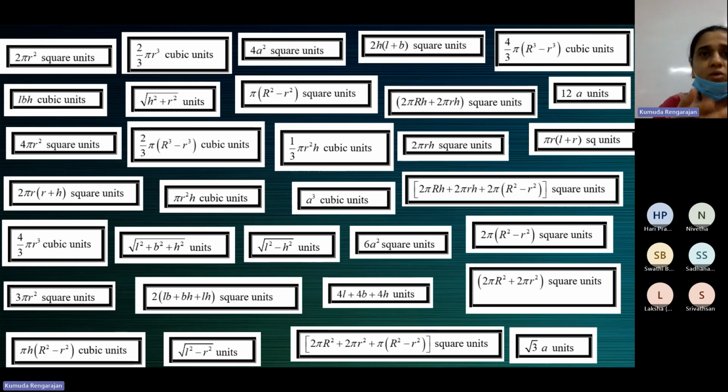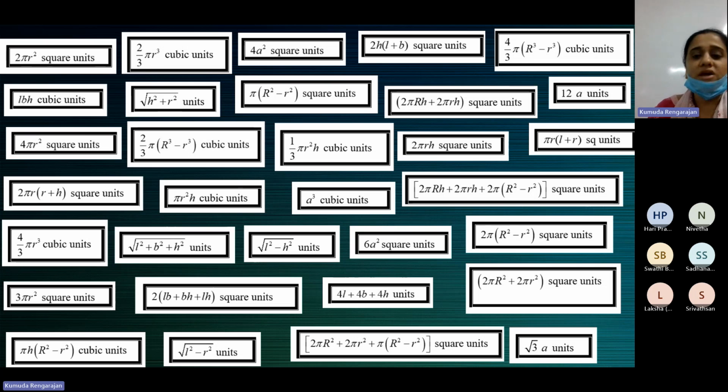Normally when we send a courier, we pack it and use sellotape all over. Like that, if you have a big cubical box and you want to tightly seal all the edges with sellotape, what is the length of the sellotape you will need? 12A, because 12 edges. So 12 into A, the length of each edge.